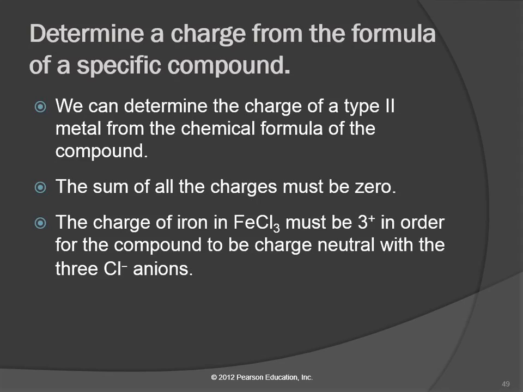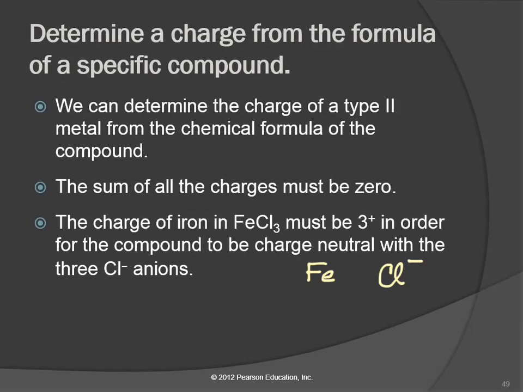So this is kind of backwards of what we were doing with writing the formulas. So we've got iron and we've got chlorine. Those are the two elements. We don't know what the charge is on the iron, but we do know what the charge is on the chlorine. What charge does a chloride ion have? -1, right? So then we have a little puzzle here.